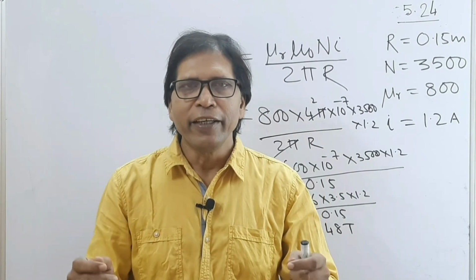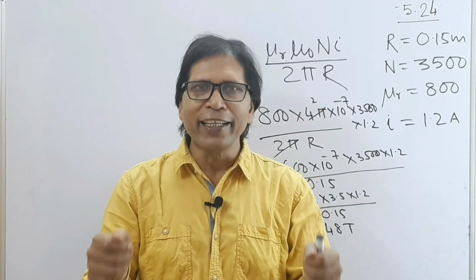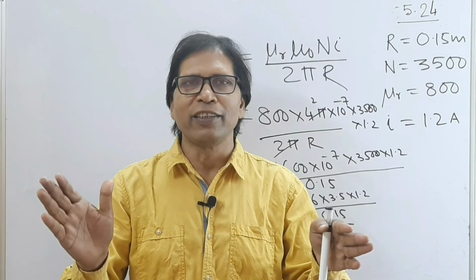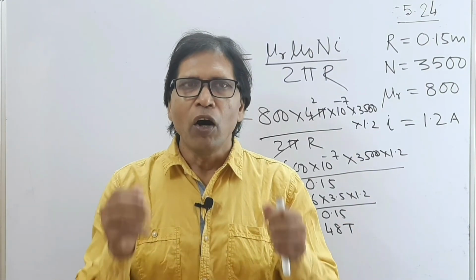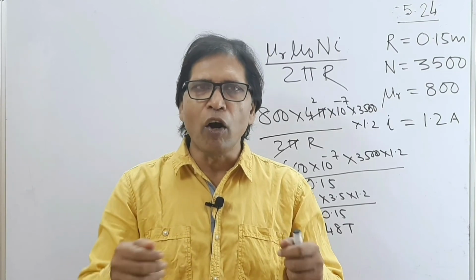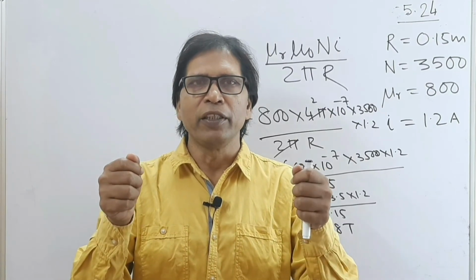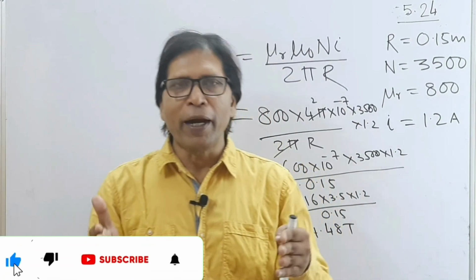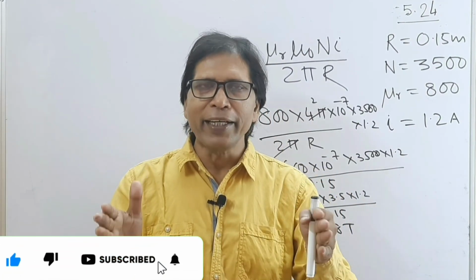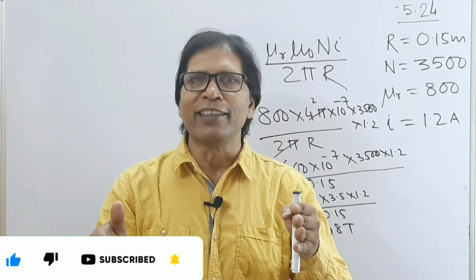Its strength is increased by increasing the strength of current or number of turns, or by using a material of higher permeability. Okay? Now its advantage, the polarity of the magnet changes by changing the current.